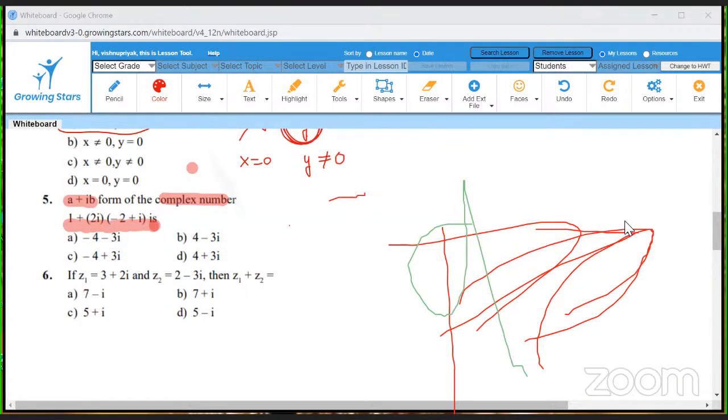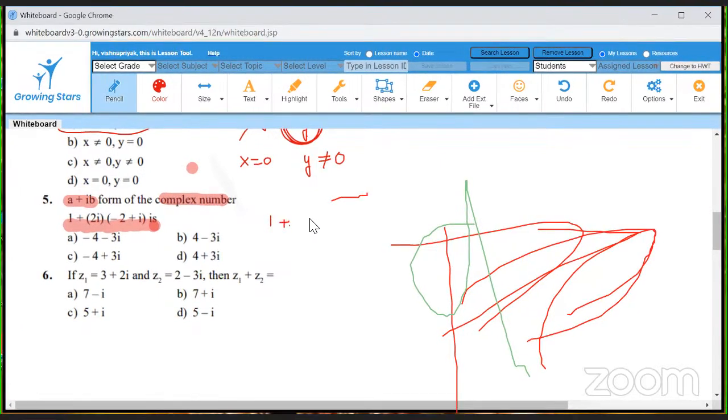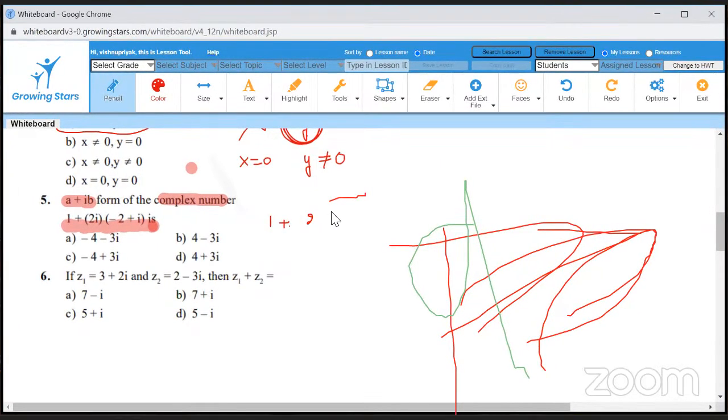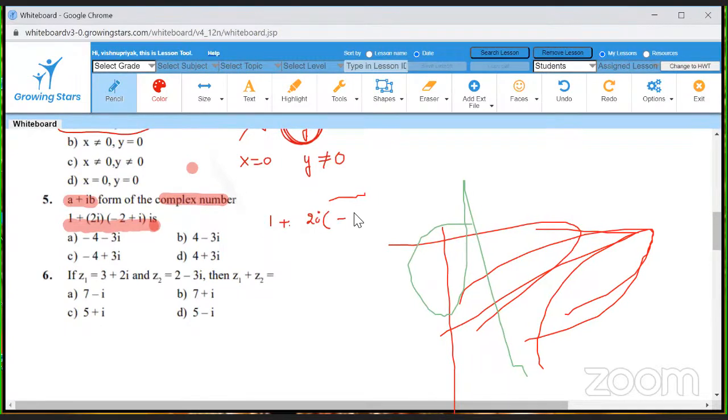No answer from anyone? What you have to do is multiply 1 plus 2i with 2 minus 2 plus i.